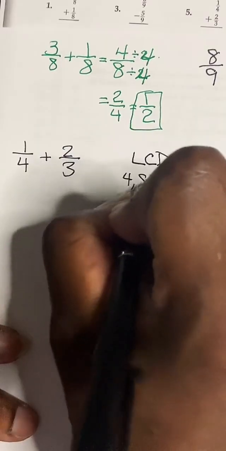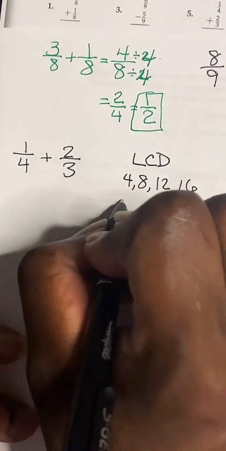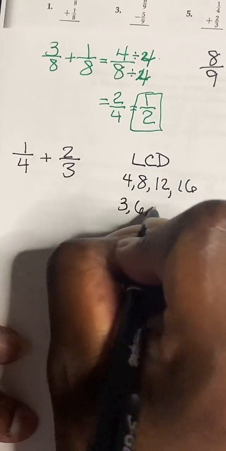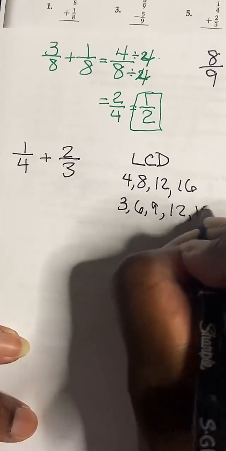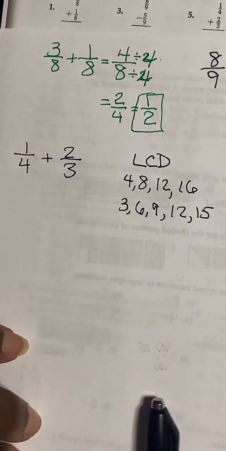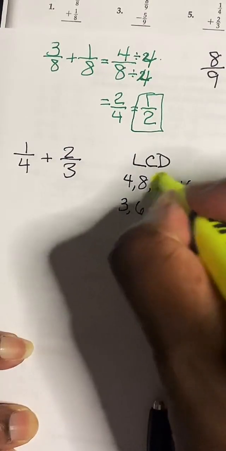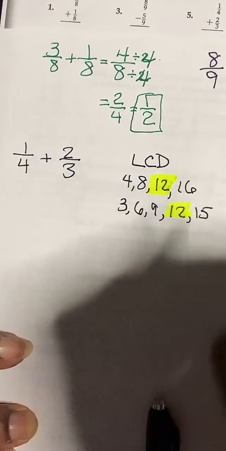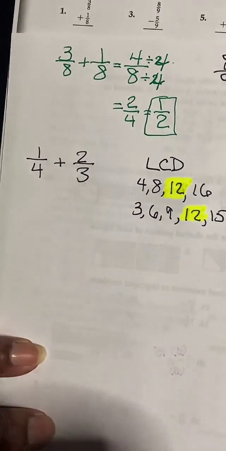So we got our 4, we got our 8, we got our 12, we got our 16. For the 3s, we got 3, we got 6, we got 9, we got 12. All right, and 15. So the number that they both have in common is 12. Okay, that's how you can figure out what this denominator should be.